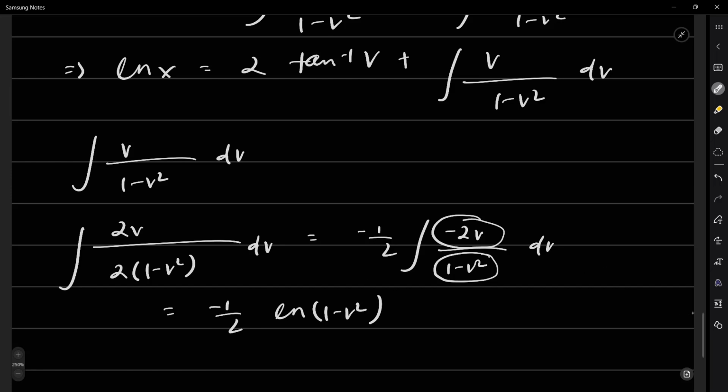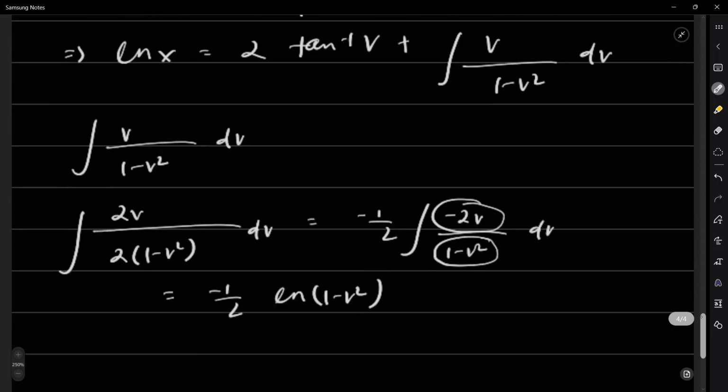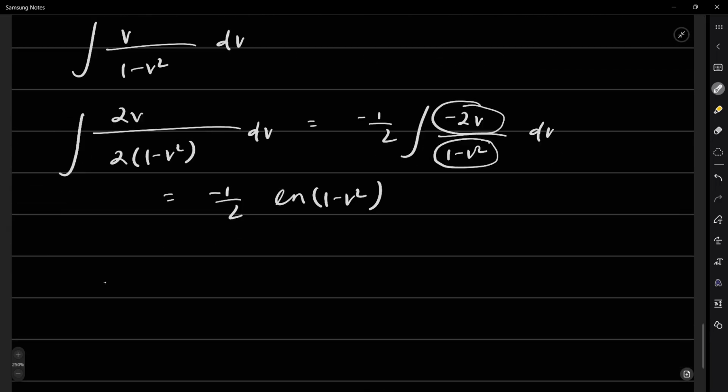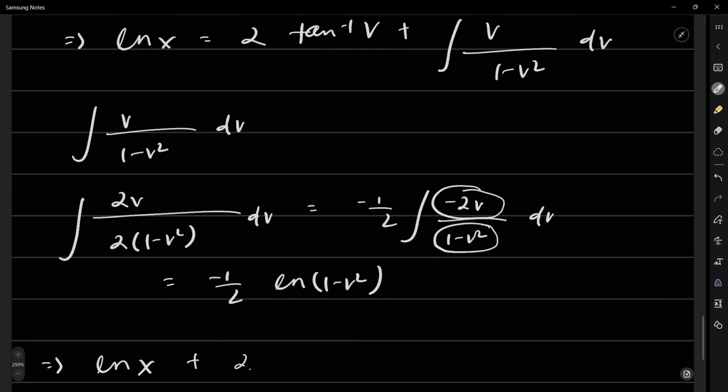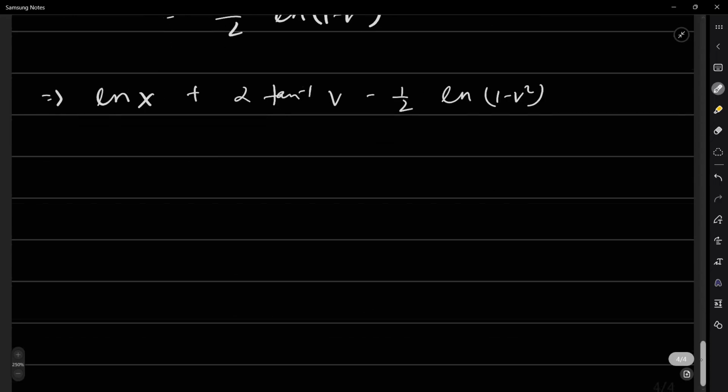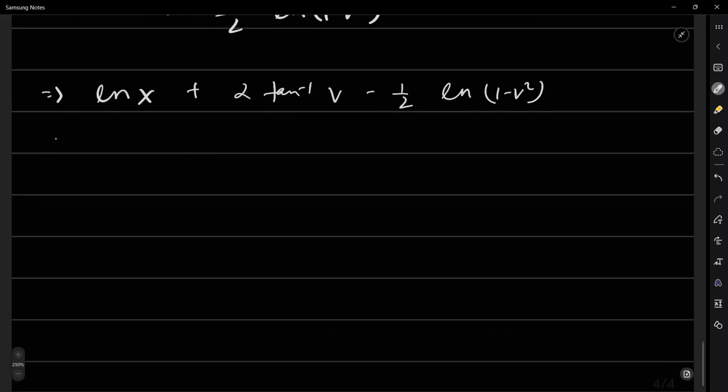So put this value in the equation: ln x plus 2 tan inverse v minus 1 by 2 ln 1 minus v square equals plus c.